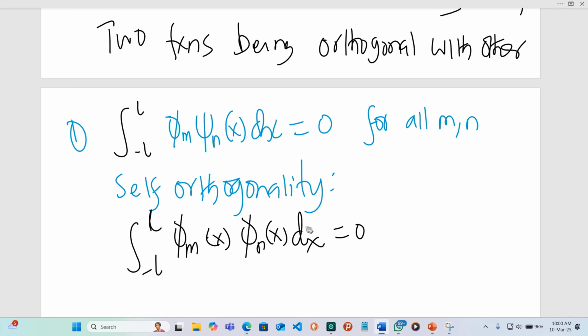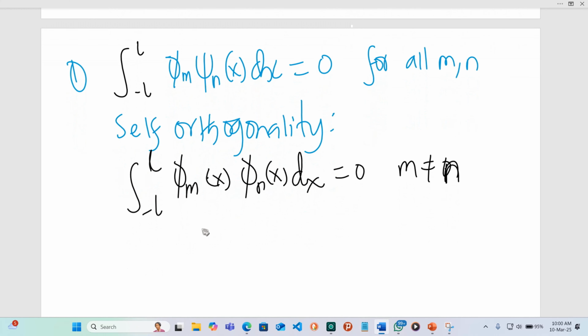This is also going to equal 0 as long as m is not equal to n. That is what we are calling self-orthogonality. In other words, it has an internal property where the different states of the same function are going to be orthogonal to each other.